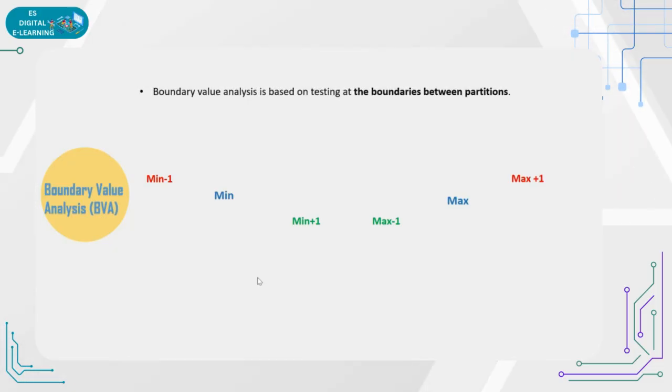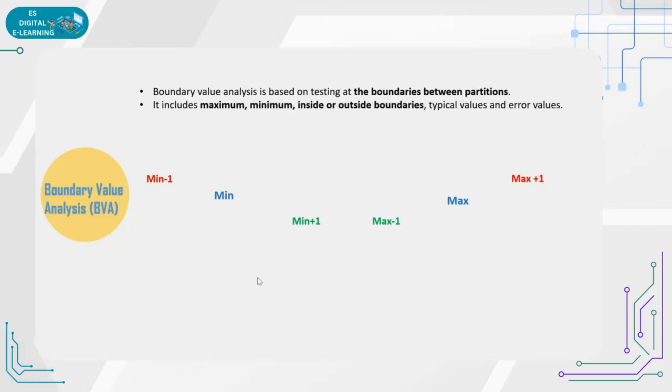So what is it? Boundary value analysis is based on the boundary between the partitions. We made the partitions: minimum minus 1 and minimum plus 1, similarly maximum plus 1 and maximum minus 1.